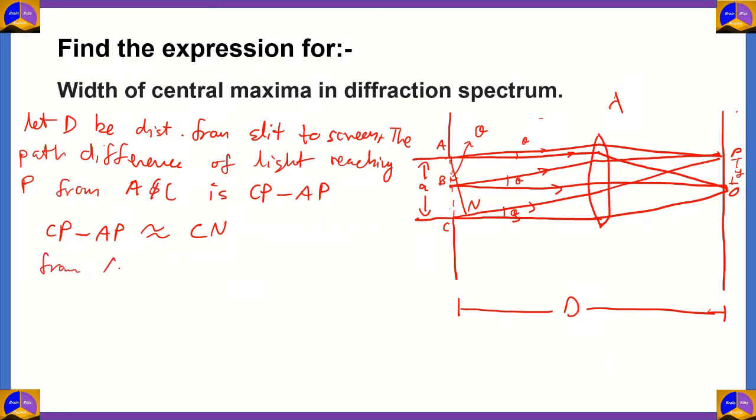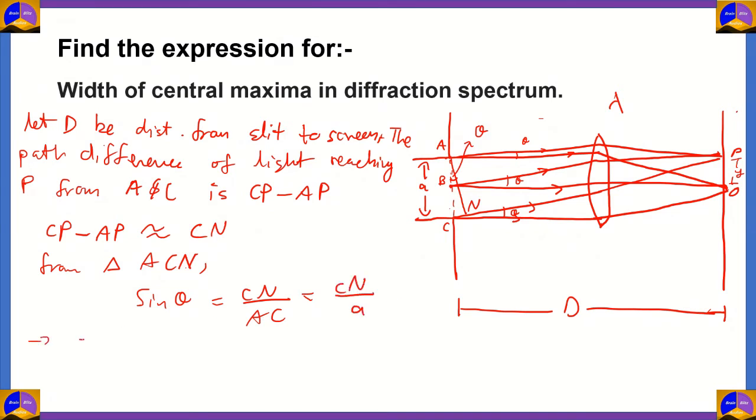Now from triangle ACN, which is this one, you find that sine theta will be equal to CN divided by AC, where AC refers to the width of the slit, so that will be CN divided by a.